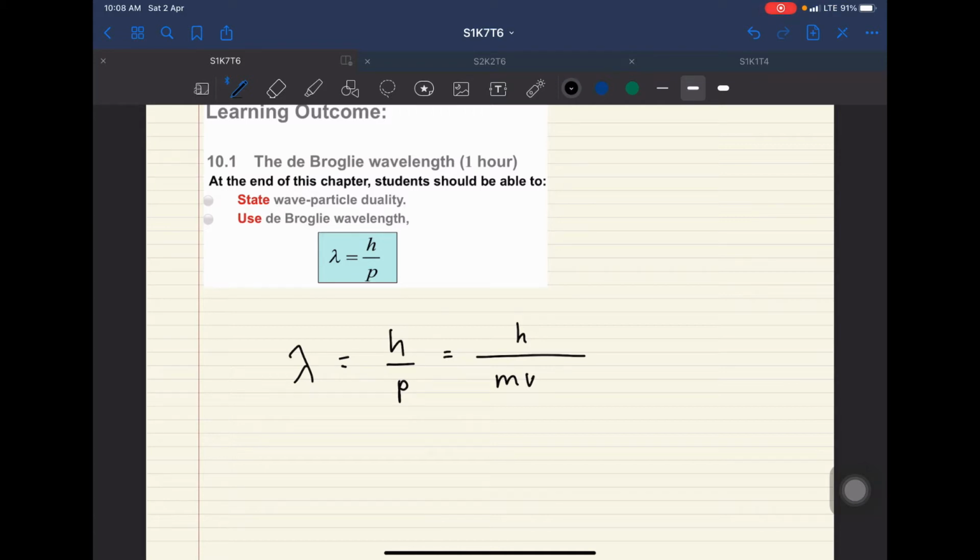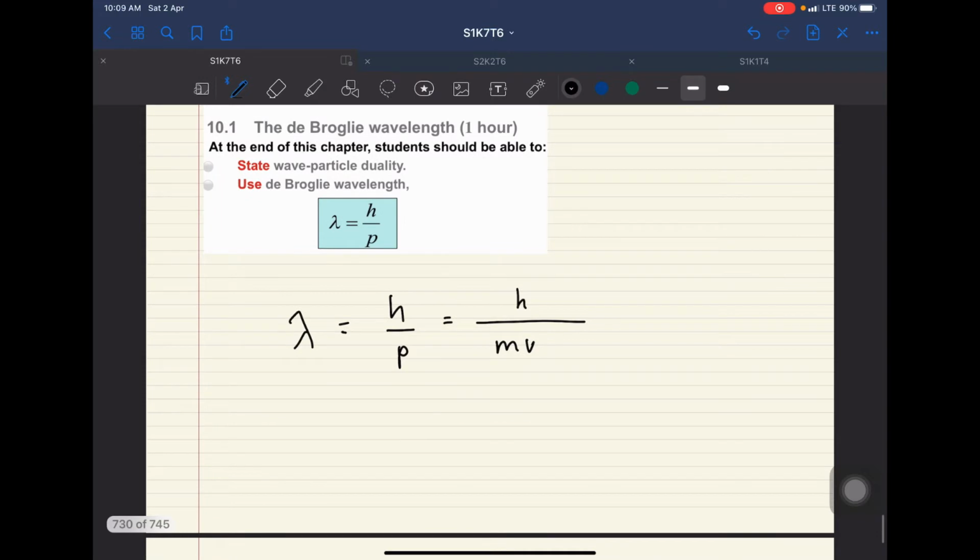Basically in this chapter we discuss that any particle has a wavelength. If you want to find the wavelength for light or photons, you have to use E equals hc over lambda. That one comes from the previous chapter, but here we discuss a particle that has a mass, for which you can calculate the wavelength.